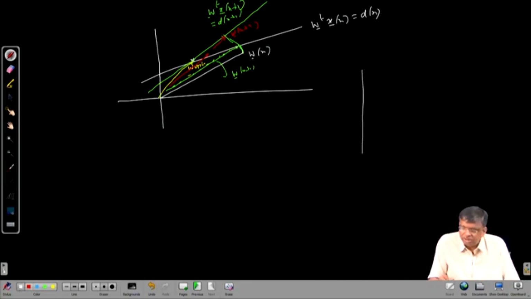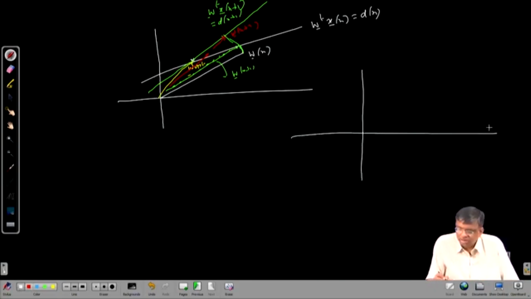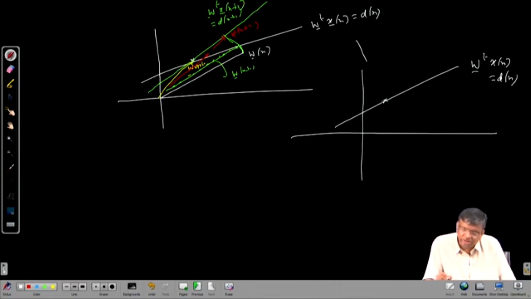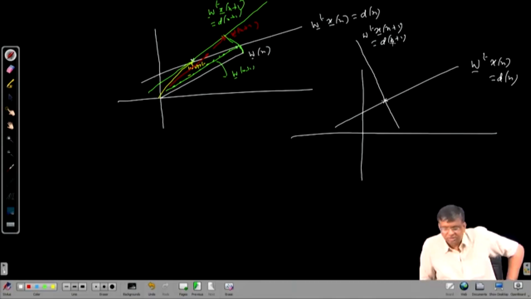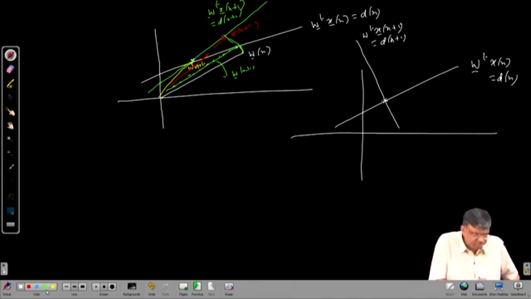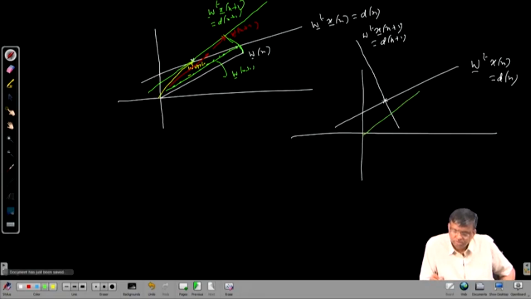at 90 degree with each other, they are orthogonal to each other. Like I have got this straight line, which is W transpose x n is equal to d n. This is my optimal point. The other straight line is like this, W transpose x n plus 1 is equal to d n plus 1. Suppose this is the case, and here is your W n.